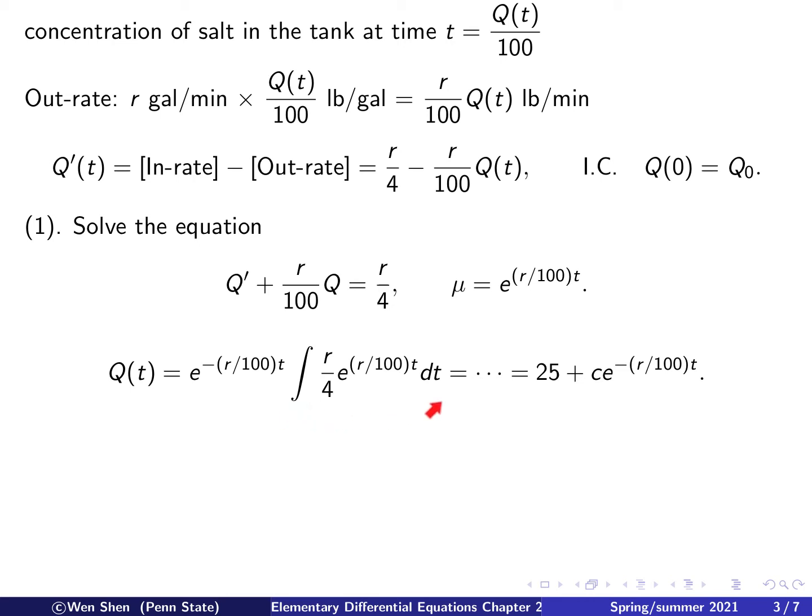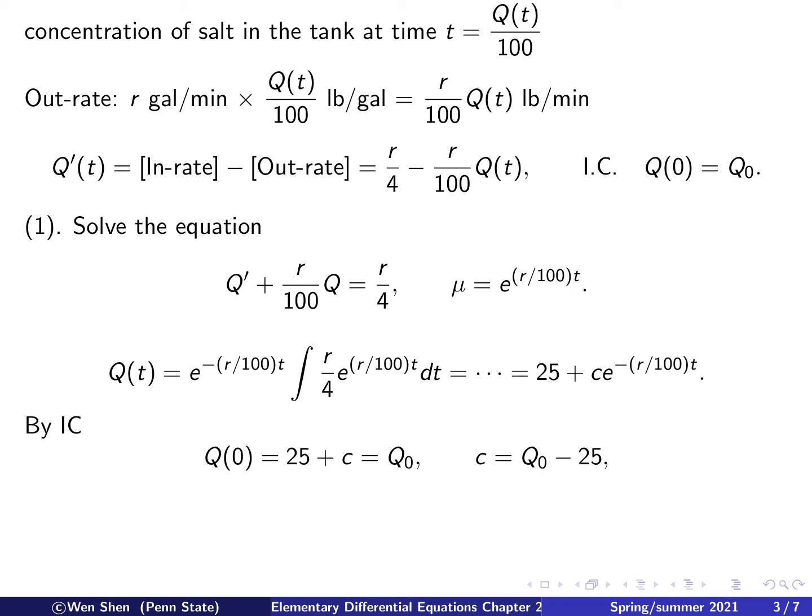You can work out this integral, which will carry a constant, and then you can distribute this e into both terms, and this is what you will get. Okay, so there is a constant term 25 plus an arbitrary constant c times an exponential function with negative exponent of t.